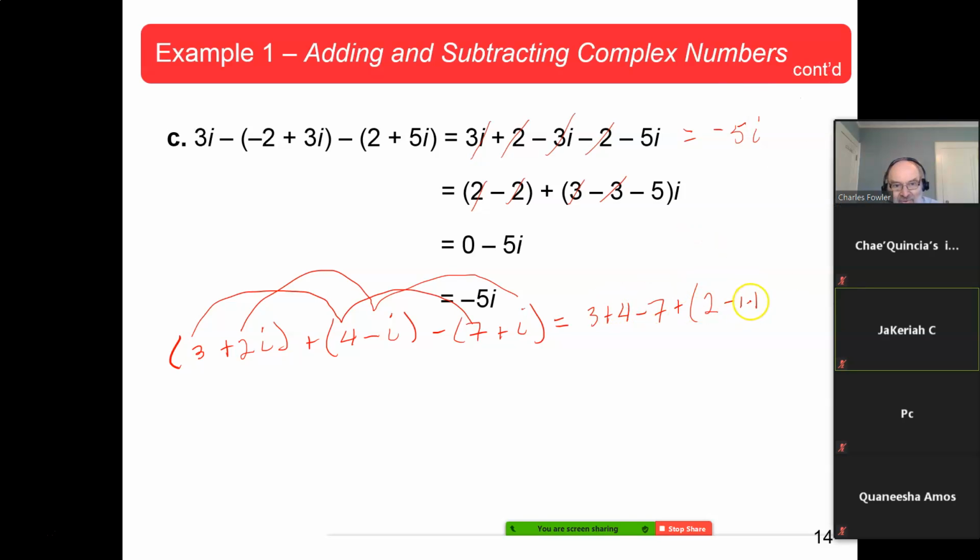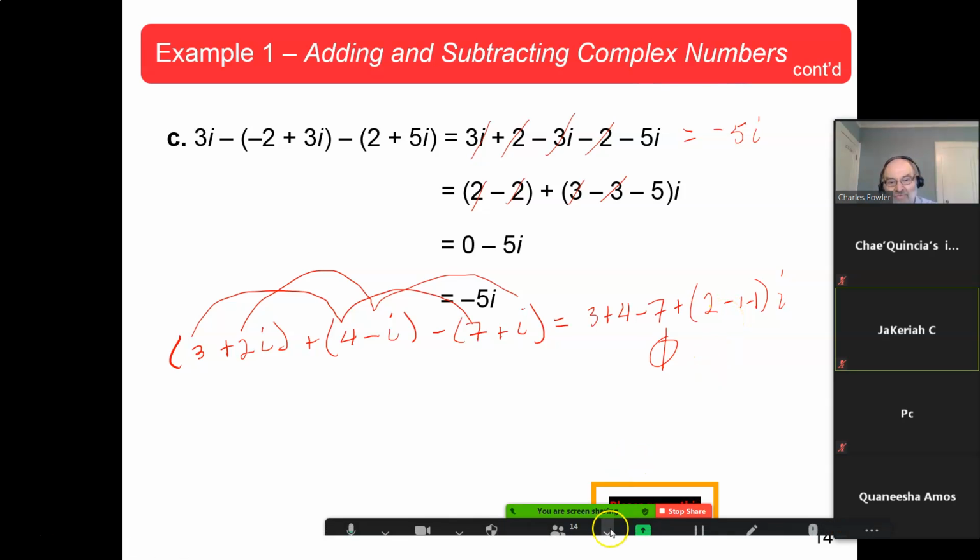Why that keeps showing up, I don't know. Okay, this is a minus i. So that's 2 minus 1 minus 1i. And guess what that adds to? Nothing. Okay, 0. 3 plus 4 is 7 minus 7 is 0. 2 minus 1 minus 1 is 2 minus 2 is 0i. So that gives you absolutely 0 as your answer.